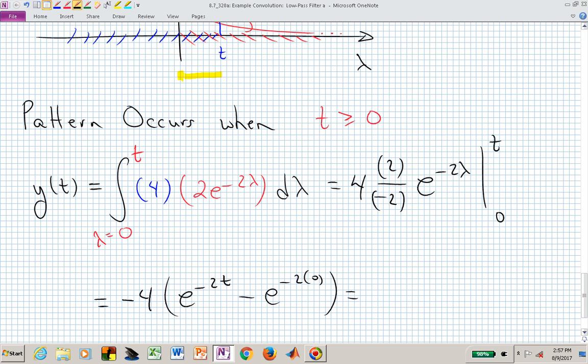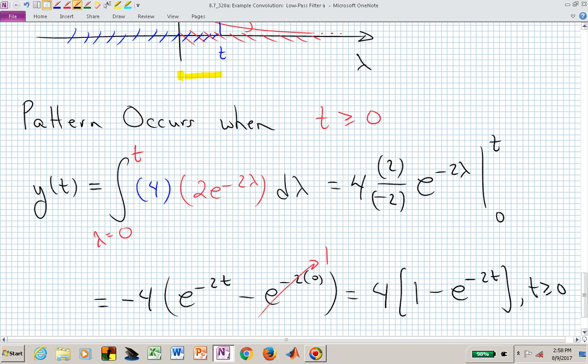Pushing the negative sign through, distributing the minus sign into the square bracket, I have 1, and then we subtract from that e to the minus 2t, and that's true for t greater than or equal to 0.